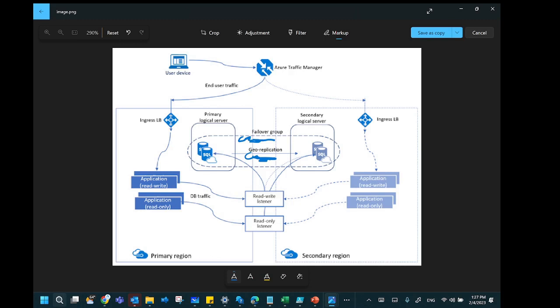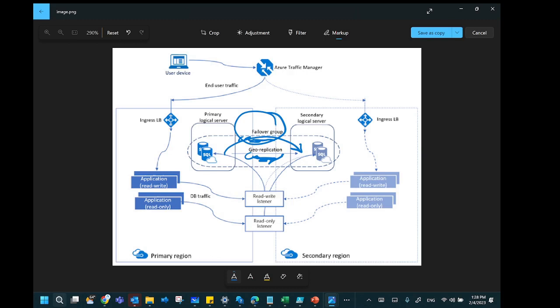You can use geo-replication, as we explained before, to replicate the data to a secondary region for disaster recovery, and we are also using a failover group to provide automatic failover within a single region in the event of hardware failure or network outage, as we mentioned before.